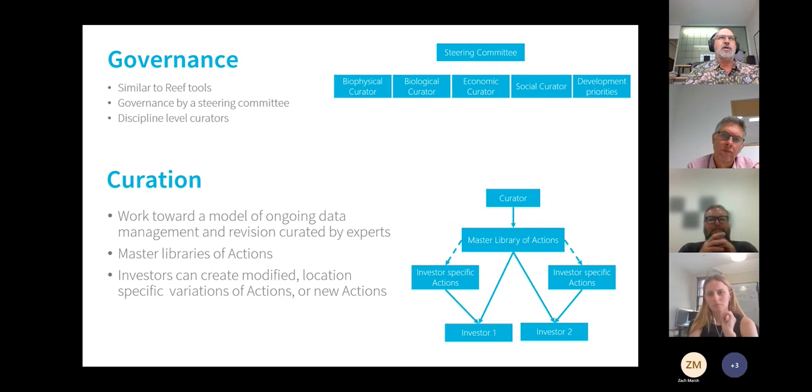I'm proposing something similar to what we do in the Reef Tools area, where effectively we have a steering committee around this. What we're intending to do with Reefonomics is to have curators of the different data and modelling components that go into the application.